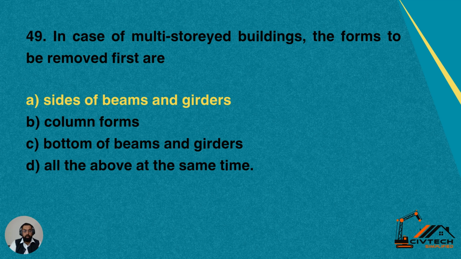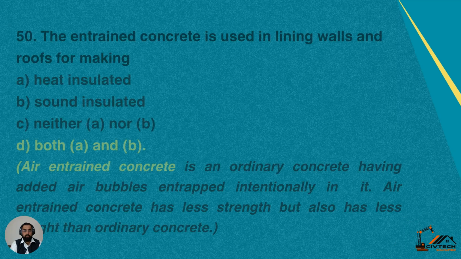Number B, column formwork. Number C, bottom of beam and girder. Number D, all of the above. Yes, A is correct for this question. We remove the formwork of beam and girder from the sides first. We don't remove the bottom formwork or the column formwork first.